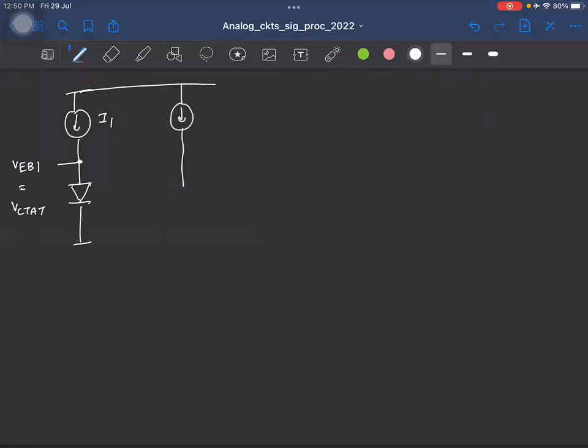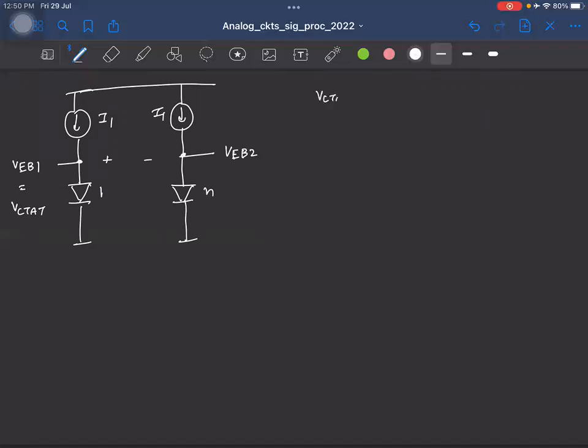I'll pass the same current through N of them. I'll mark it as 1 and N to signify that we have N in parallel. This will be another VEB, I'll call VEB2. If I take the difference between them, I get the PTAT voltage.